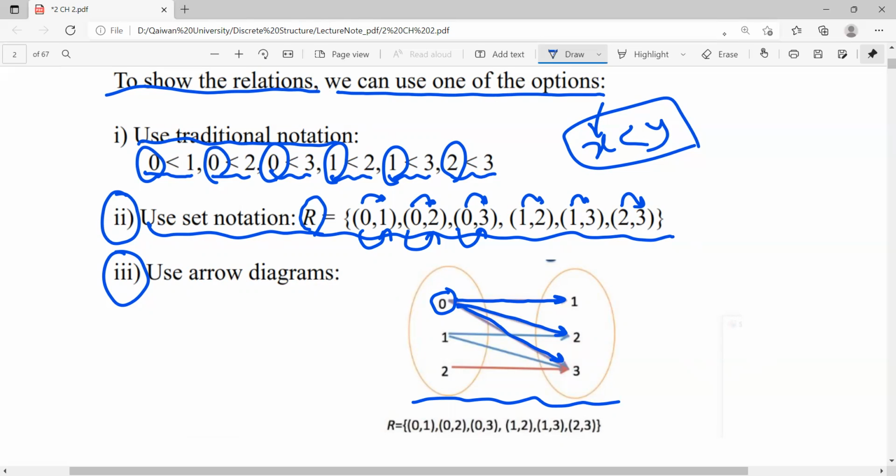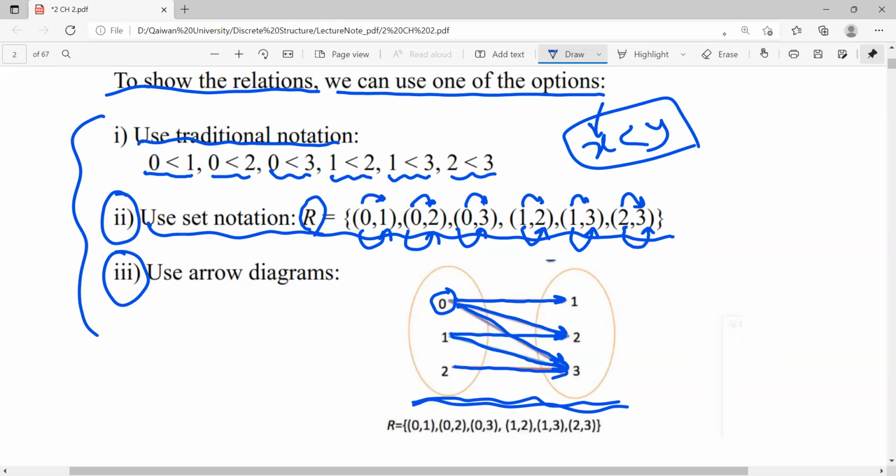And also we have two arrows which arise from 1: one goes to 2 and the other goes to 3. And you have only 1 arrow which goes from 2 to 3. That's another way for expressing this relation. So you have these 3 types of expressing the relation. All are the same, okay?